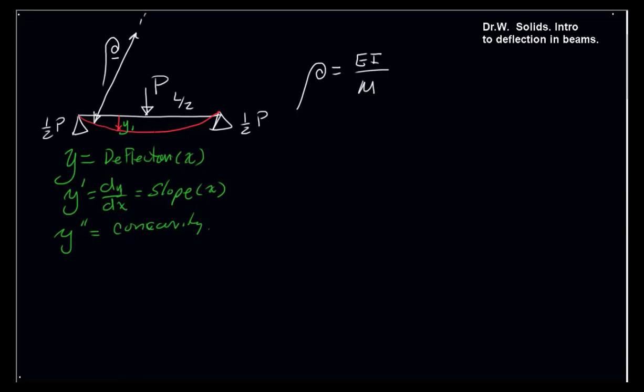In general, for a rigid beam, we can see that y would be fairly small in comparison to the length of the beam. We would anticipate the slope to be very small.